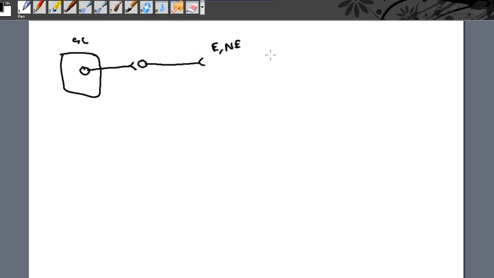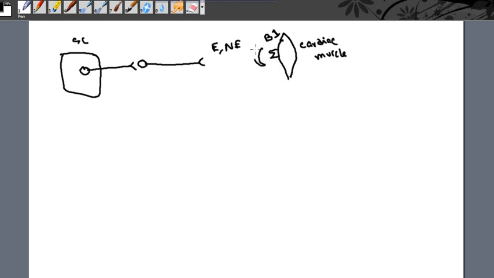The second important mechanism of beta blocker, to understand this again, we draw the spinal cord of the central nervous system, and preganglionic neuron comes, postganglionic neuron releases epinephrine and norepinephrine, and this epinephrine and norepinephrine will stimulate the cardiac muscle cell. On the cardiac muscle cell, there is beta 1 receptor, and this epinephrine and norepinephrine normally stimulate the beta 1 receptor.